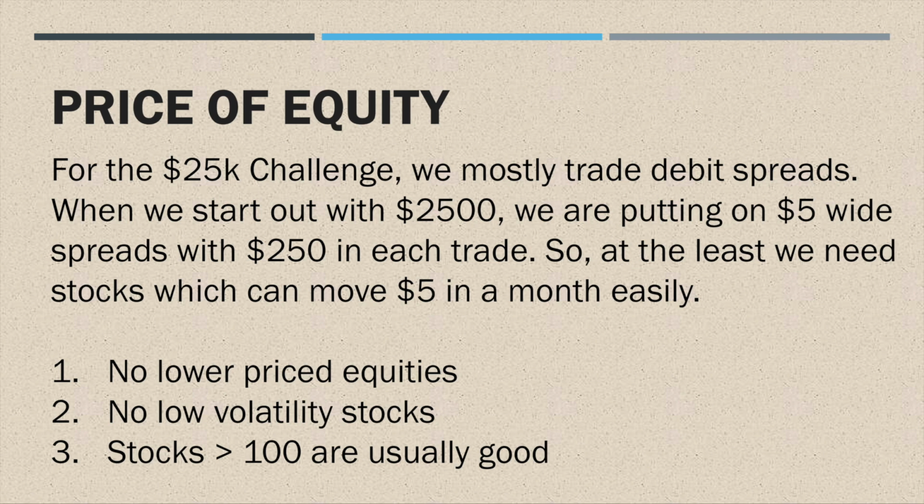Since we need some movement in the stock we are trading, we need to avoid low volatility stocks. So avoid low price stocks, avoid low volatility stocks. And finally, usually any stock which is priced between 100 and above works out pretty decent for my criteria.